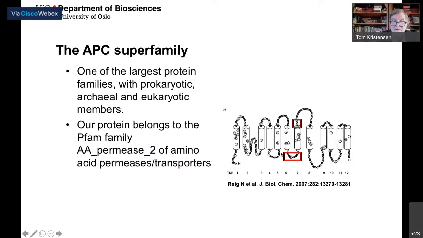Almost all mutations were present in the intracellular loop between the 6th and the 7th transmembrane region, and some were in the border between the 7th transmembrane region and the loop outside the cell.